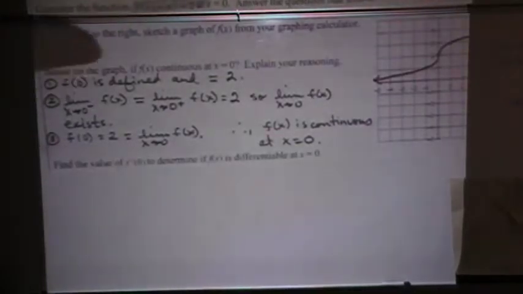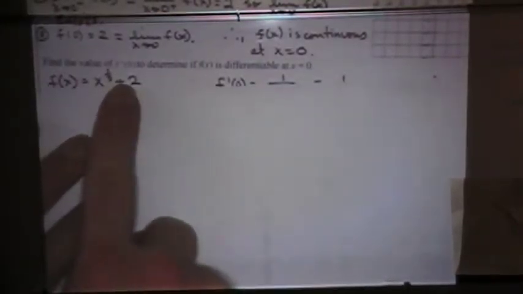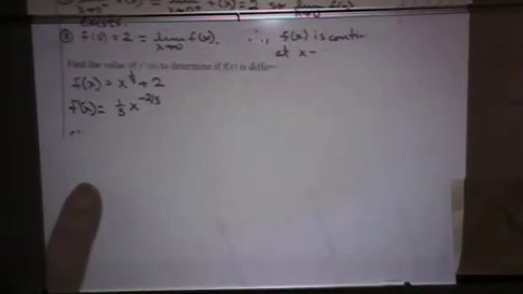Now the next thing they ask us to do is to find the derivative. So I'm going to find my derivative. I have f of x equals x to the 1/3 plus 2. That's my function. And then this one's easy. We just use the power rule, and we get the derivative of f of x is 1/3 x to the negative 2/3 power.